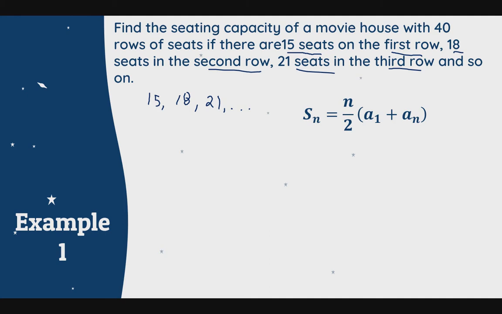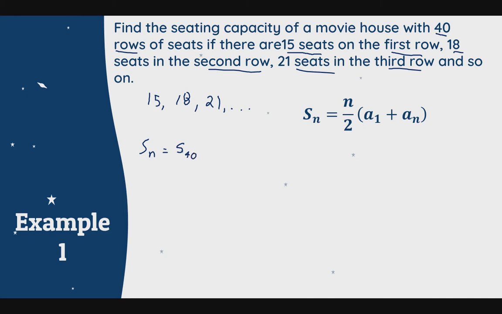Let's identify the given first, or the terms needed for each variable in our equation. Our S sub n is what? We are looking for the sum of 40 rows of seats.